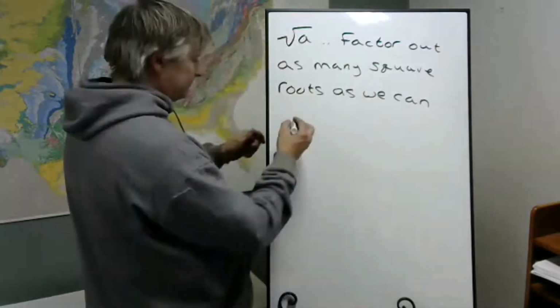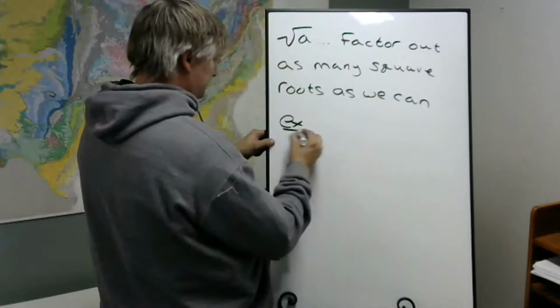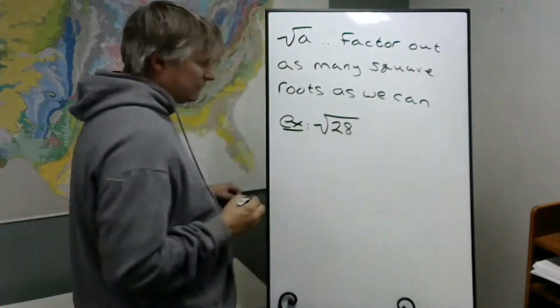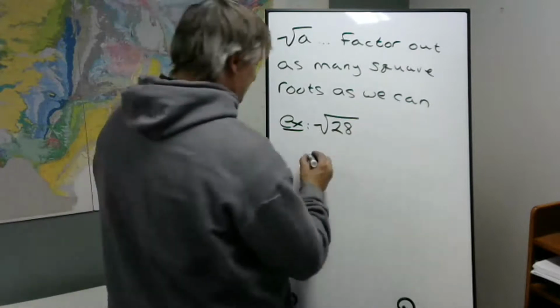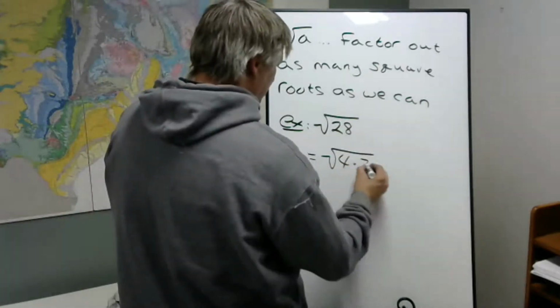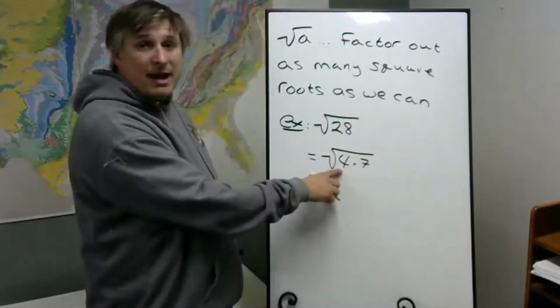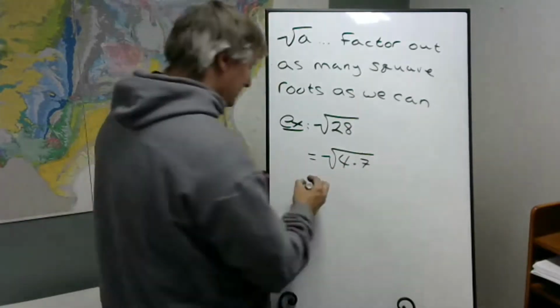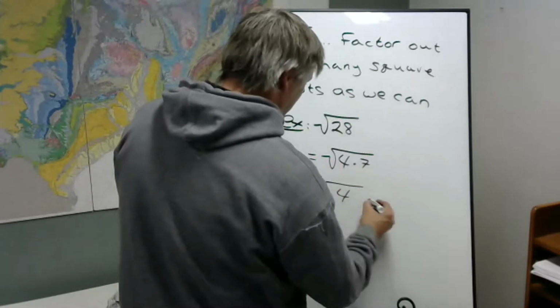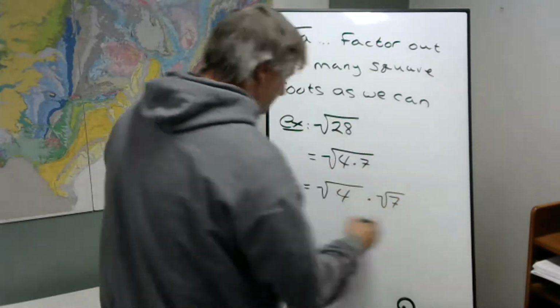Let's say, for example, the square root of 28. Well, you could write this as the square root of 4 times 7. Again, a number that has a square root. And so we could do square root 4 times square root 7.